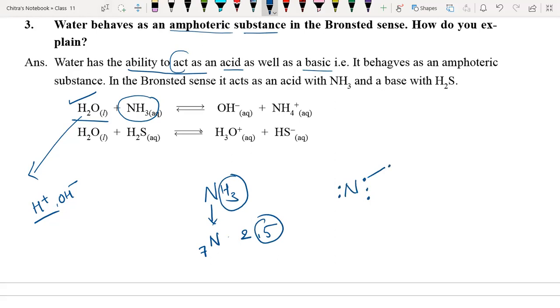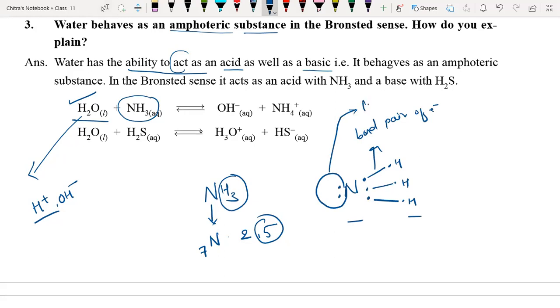One hydrogen forms a bond with one electron, another with the next, and another hydrogen with the third. So we have NH3. In this state, one lone pair of electrons is present in the outermost shell. These are called bond pairs of electrons, and these electrons are called the lone pair of electrons. Understood, lone pair and bond pair?